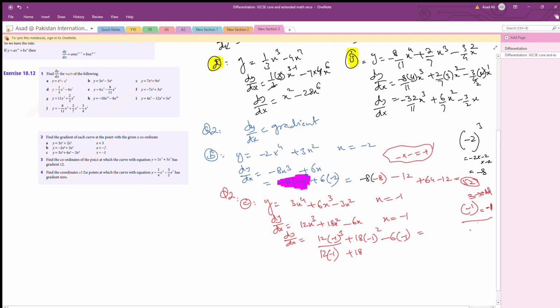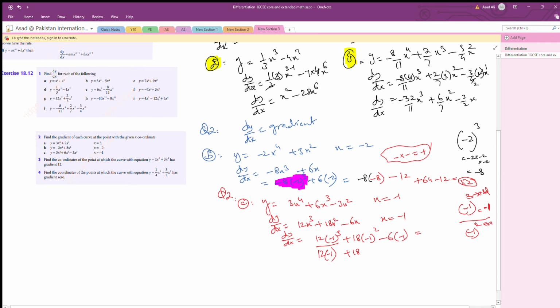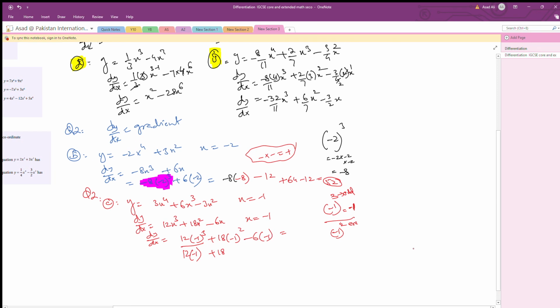Now see, whenever the power is an even number, 2 is even, so the result is coming plus that number. So plus 1. Now minus into minus is again plus. So this is plus 6.